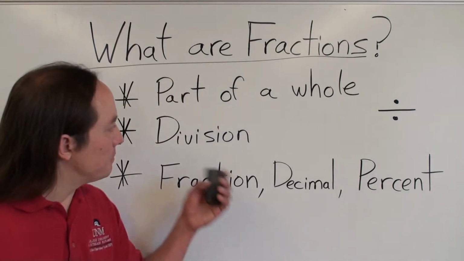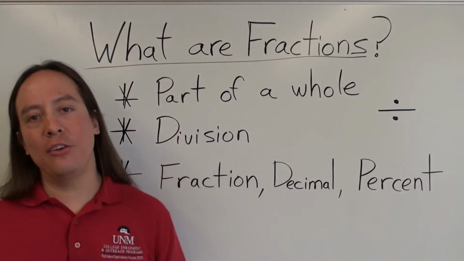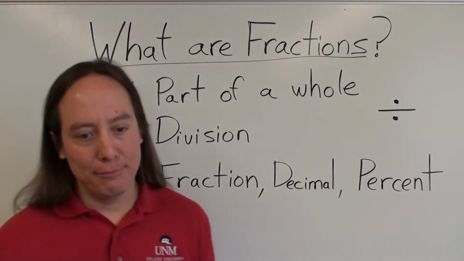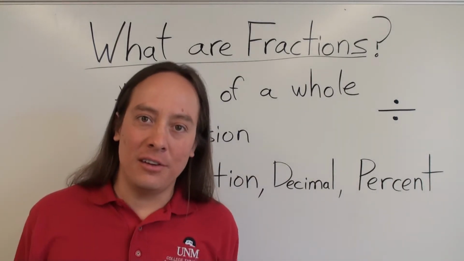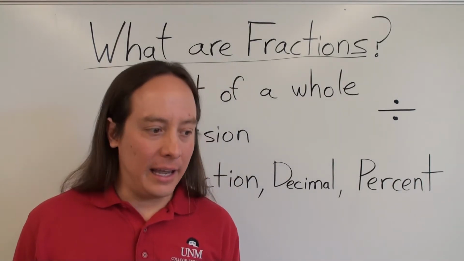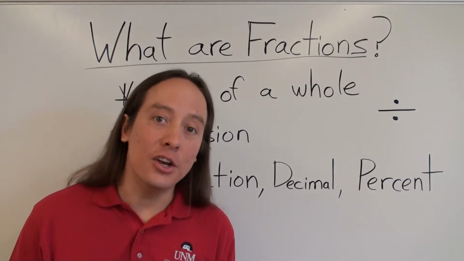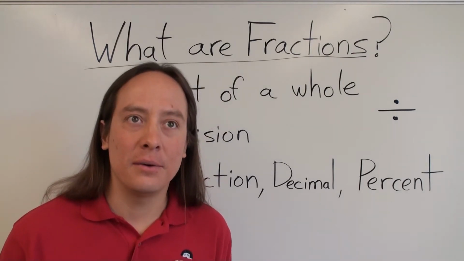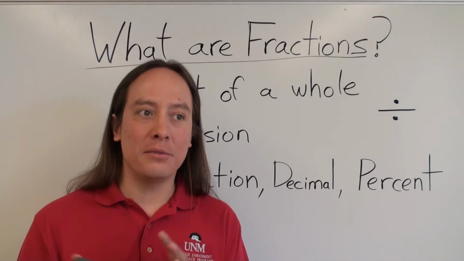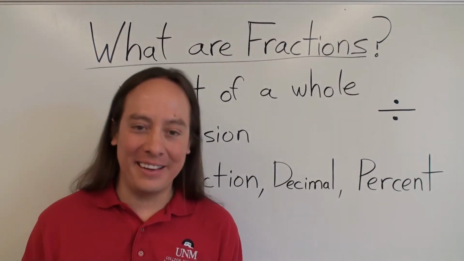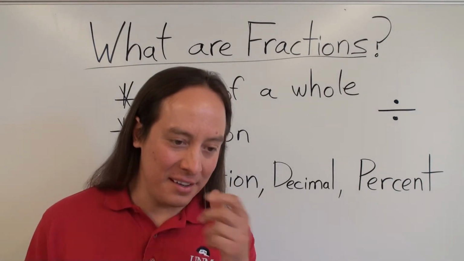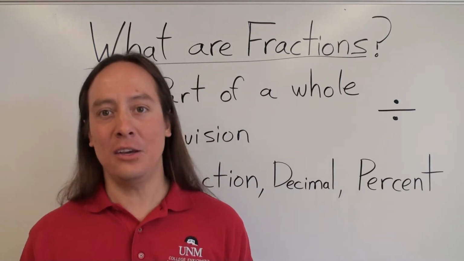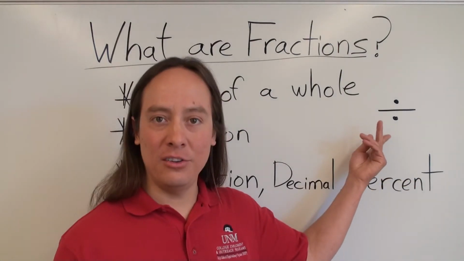Good. Moving on, division, the operational side of it. Well, you know, the idea of division is ancient, and the calculator is relatively new. And so when they came up with the calculator, they needed to put a symbol on the button. And what's the symbol they had to use? They used a division sign.